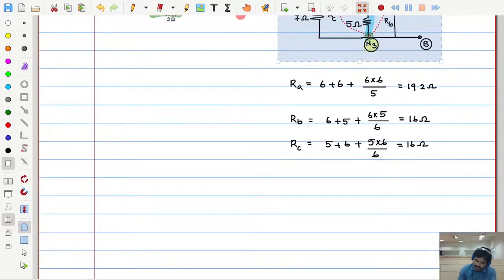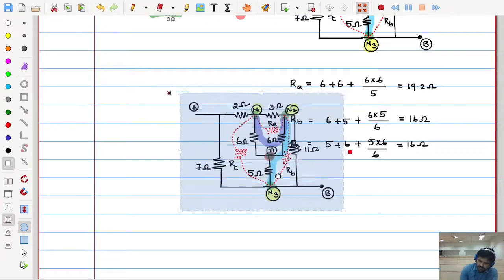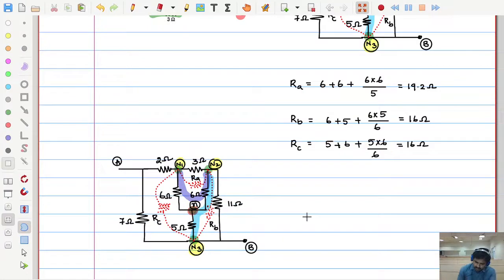So as like this, in the next step, the resistors which we used in calculating RA, RB, RC, you try to delete those resistors. What are they? This star configuration I used. Now this N also will go away, this 5 ohm, 6 ohms, 2 resistors.